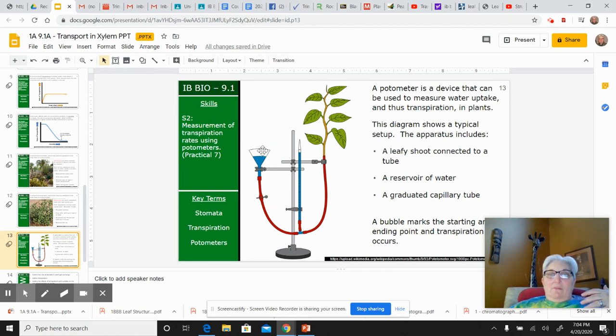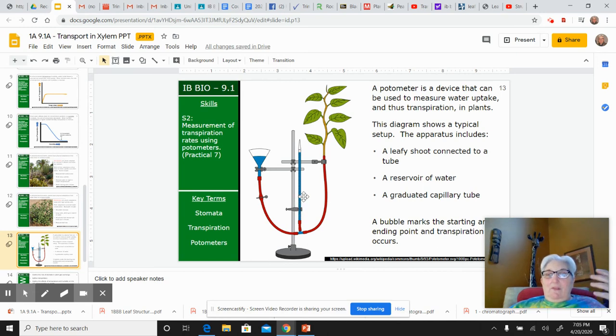We have water. We have our calorimeter here, our capillary tube, that's going to measure how much transpiration is occurring. And we can do that one of two ways. We can follow a bubble.